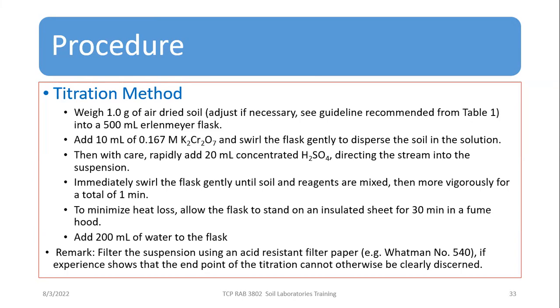There is a remark: filter the suspension using an acid-resistant filter paper, for example Whatman number 540, if experience shows that the endpoint of the titration cannot otherwise be clearly discerned.